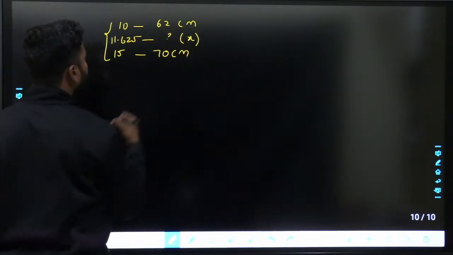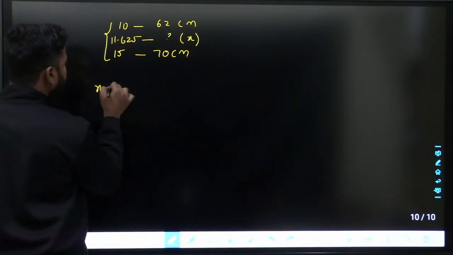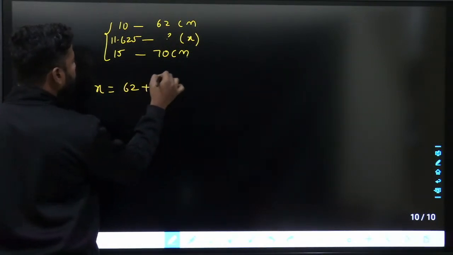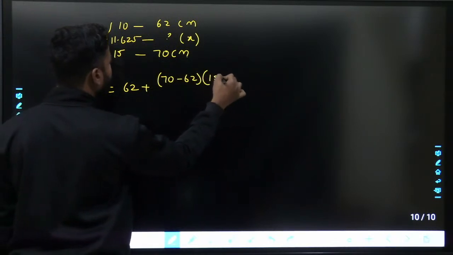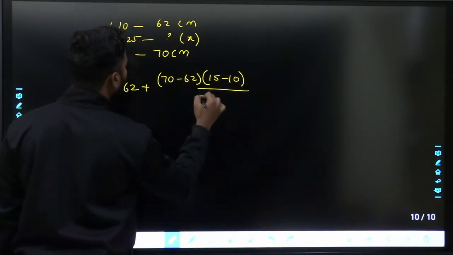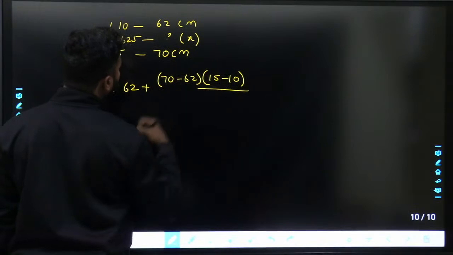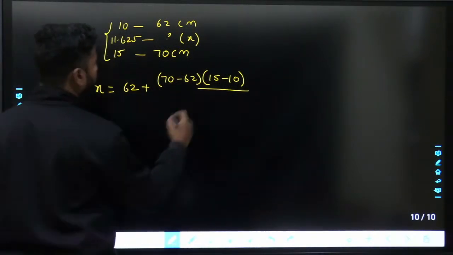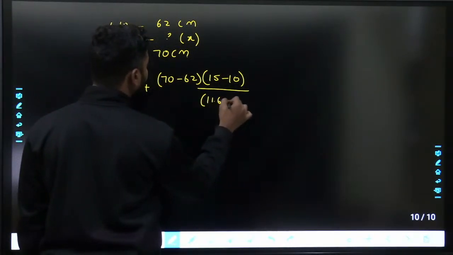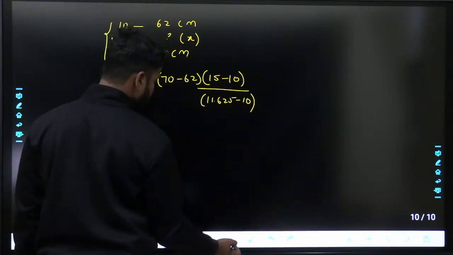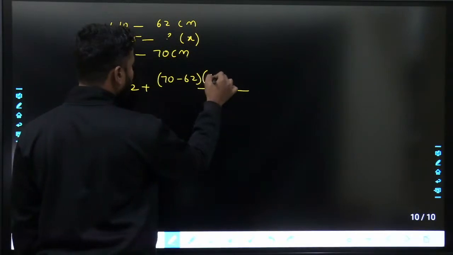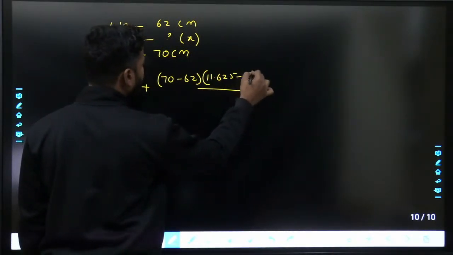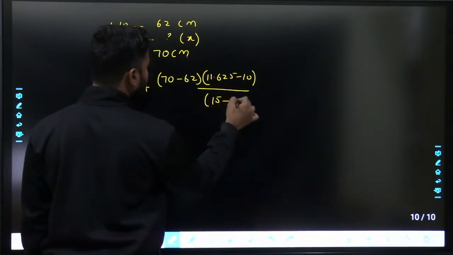Let us say it is x. x equals 62 plus (70 minus 62) multiplied by (11.625 minus 10) upon (15 minus 10).